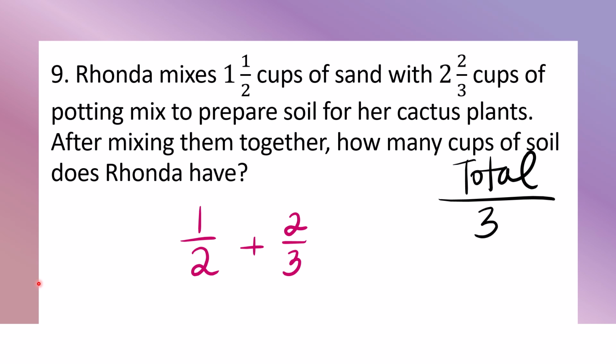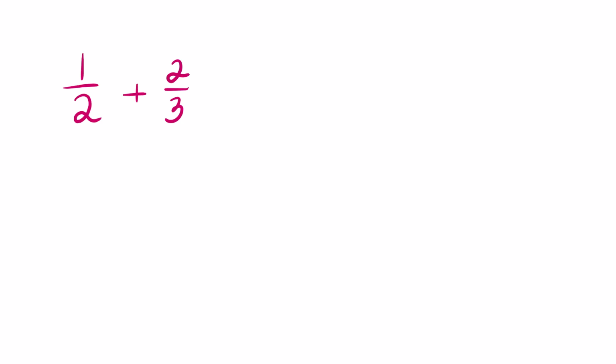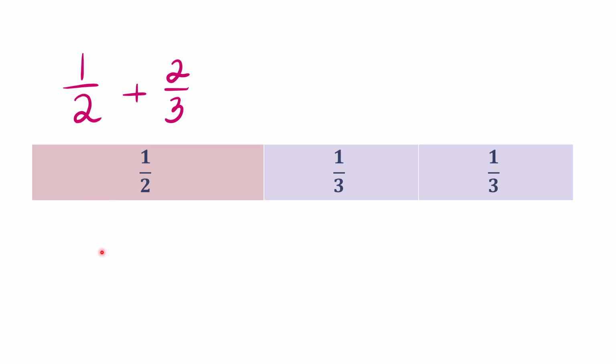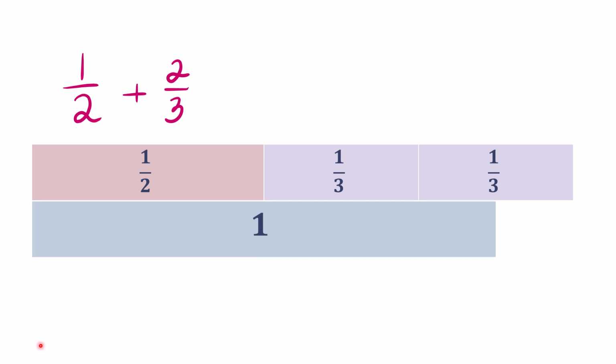All right, so we already know that we have 1 plus 2 is 3 cups. Now we've got to add the fractional pieces together. All right, so using our fraction strips, we have 1/2 plus 2/3, so 2 of the 1/3 pieces. We can match that up with a 1/2 piece and see that that almost takes care of everything.